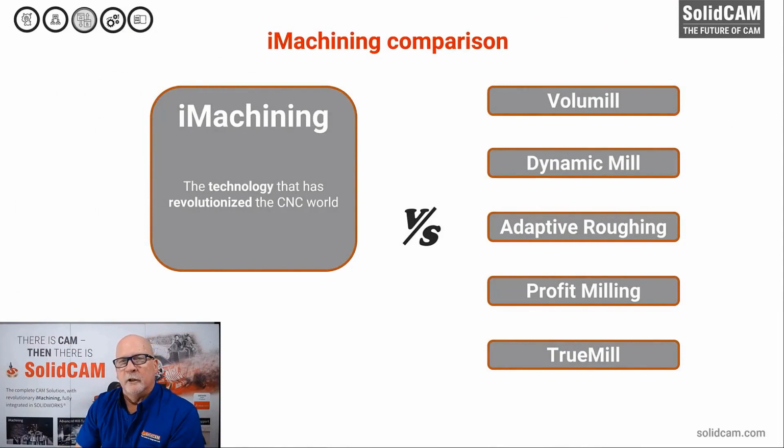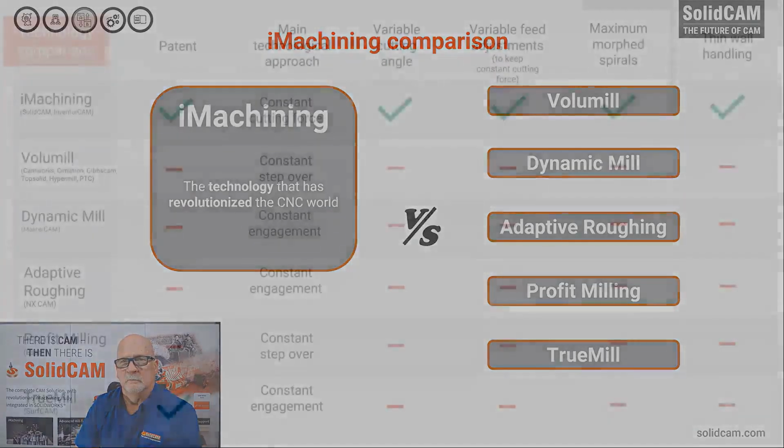So how does iMachining compare to systems like volume mill, dynamic mill, profit milling, and others? Well, first, iMachining is the only system that is focused on managing constant cutting force. That in and of itself is a huge difference. Force stabilization is the key to performance and tool life, as well as reduction in work-induced stresses.